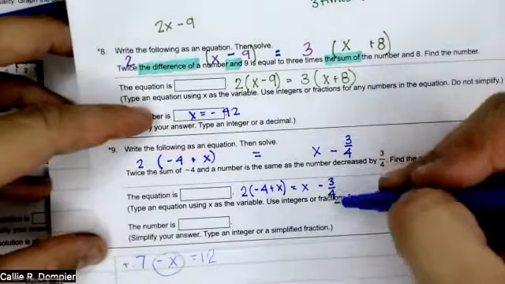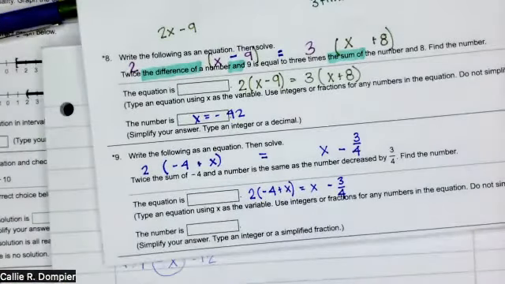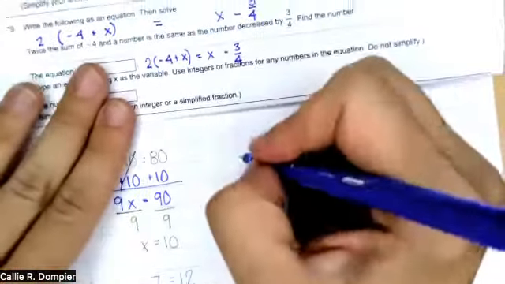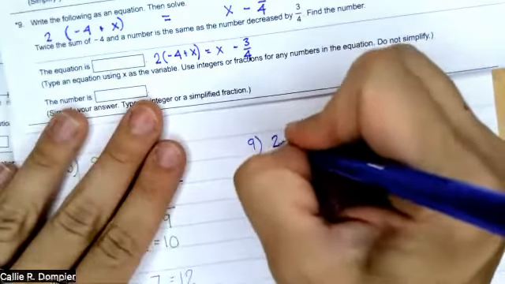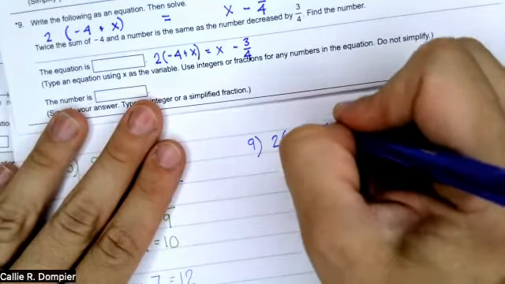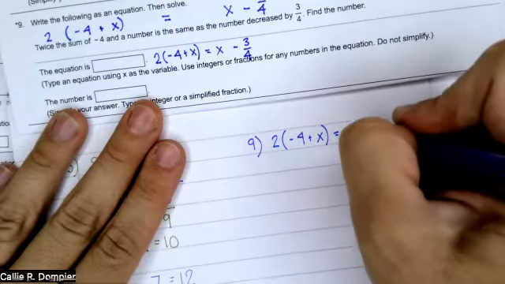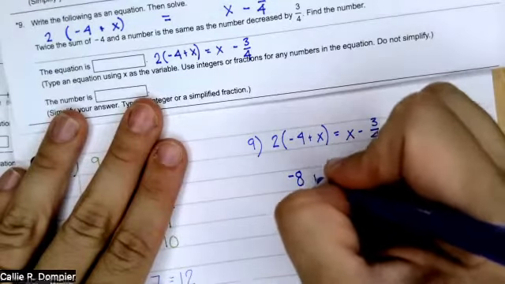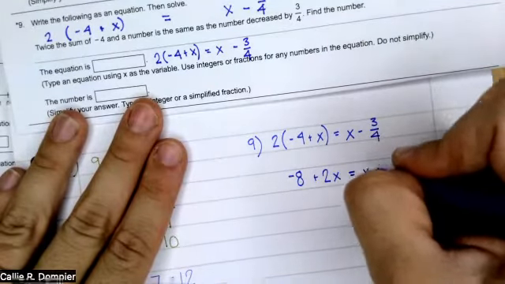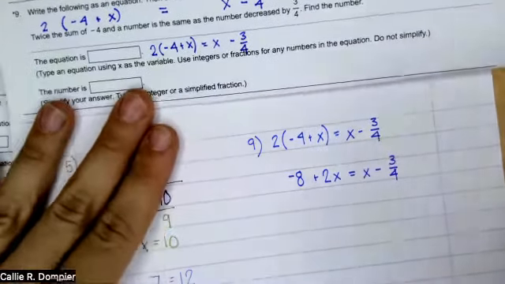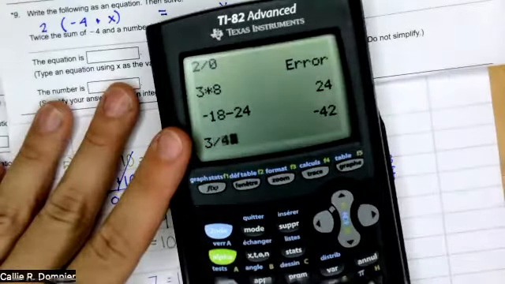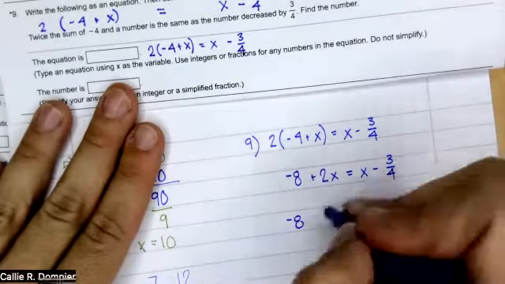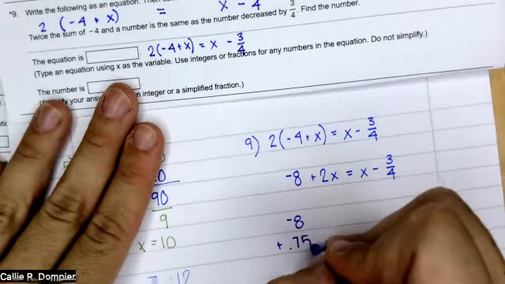You're not going to get a fraction that you're going to have to solve. But if we were to solve this, 2 times negative 4 plus x equals x minus 3/4. 2 times negative 4 is negative 8. 2 times x is positive 2x equals x minus 3/4. I'm just going to call 3/4 0.75, okay? So negative 8, we can say plus 0.75, right?